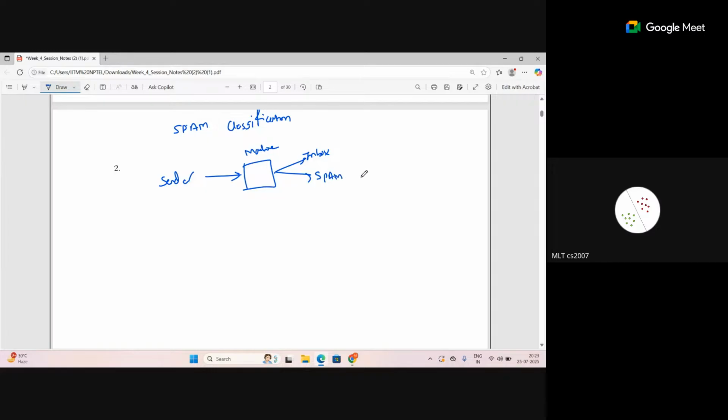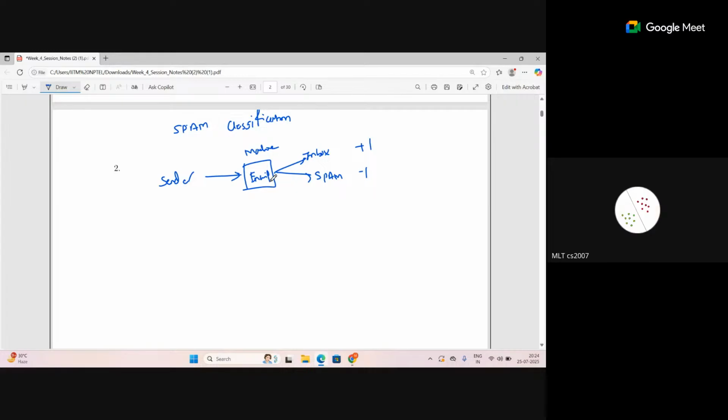Let's say spam is the negative class and inbox is the positive class. So there are only two categories: inbox or spam, the positive class and the negative class.